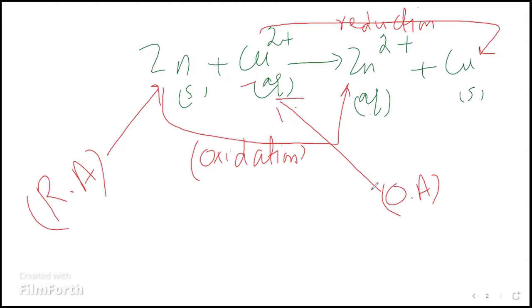I have already told you that reactive metals are good reducing agents because they can easily lose electrons and transfer them to less reactive metal ions. So zinc is a reducing agent here, whereas copper 2 ions are the oxidizing agent. Zinc is being oxidized and copper 2 ions are being reduced by gaining electrons. So this is a redox reaction.